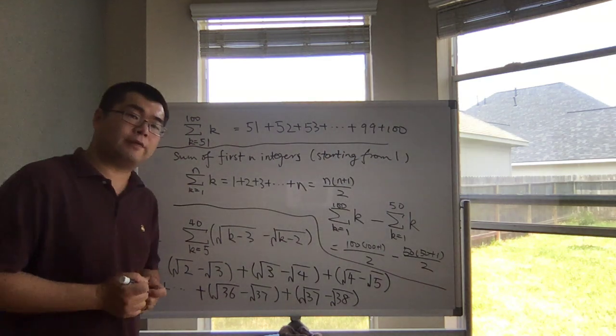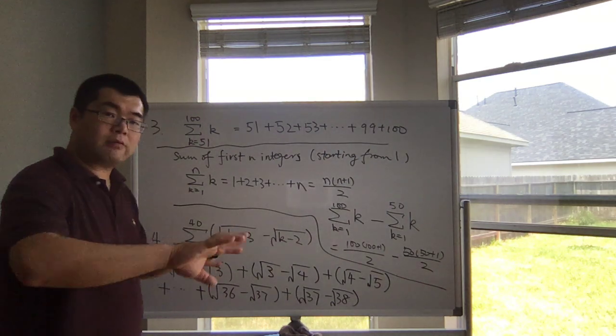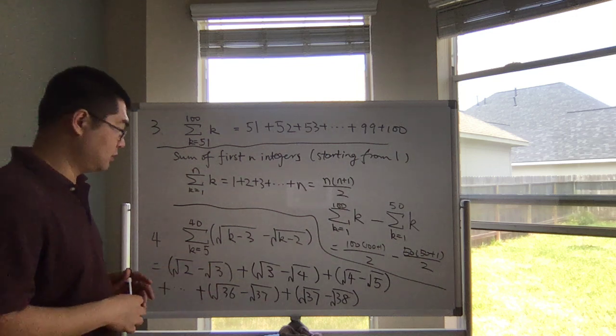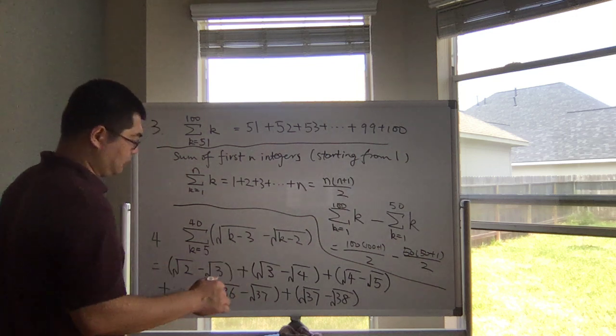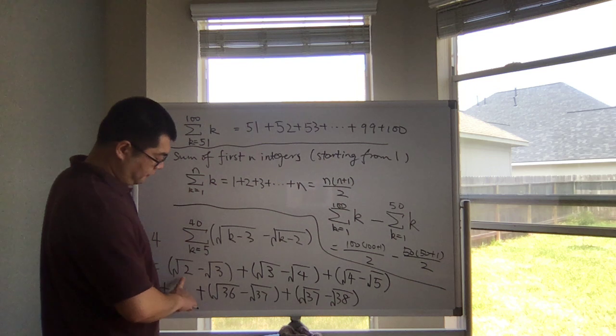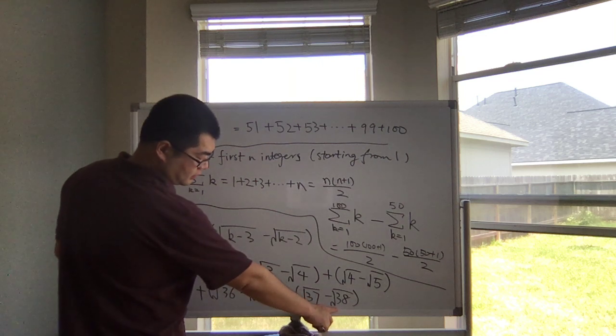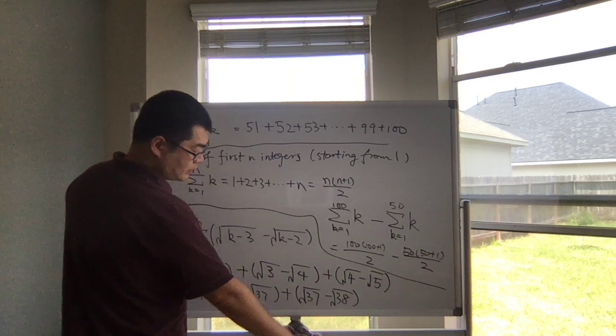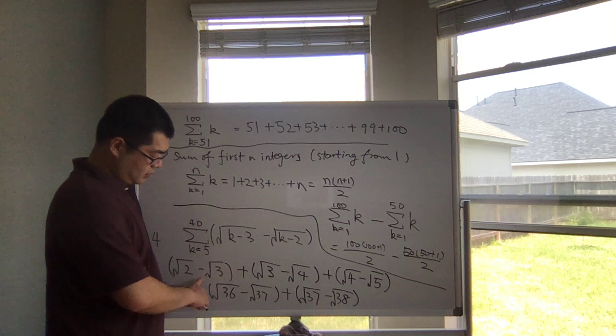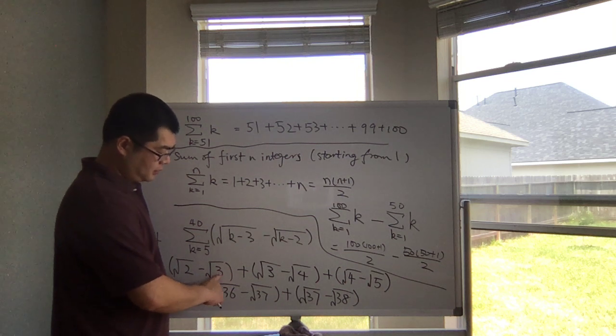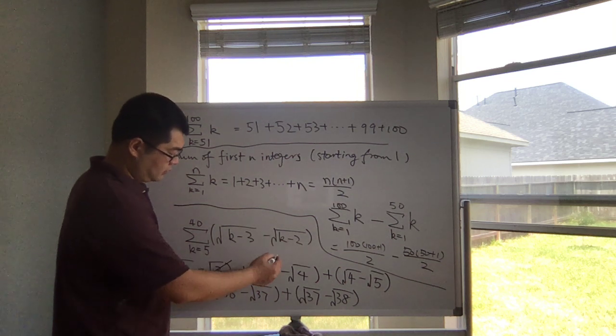But look at what we have. If we get rid of the parentheses, do you realize that only the first part and the last part are the survivors? Because minus square root of 3 plus square root of 3, gone.